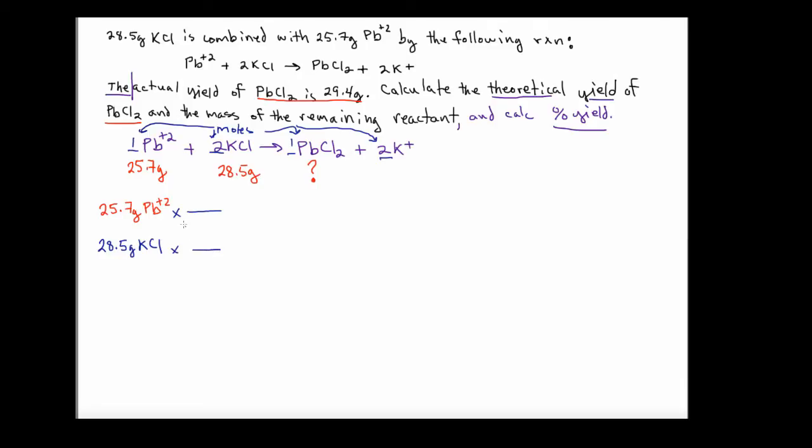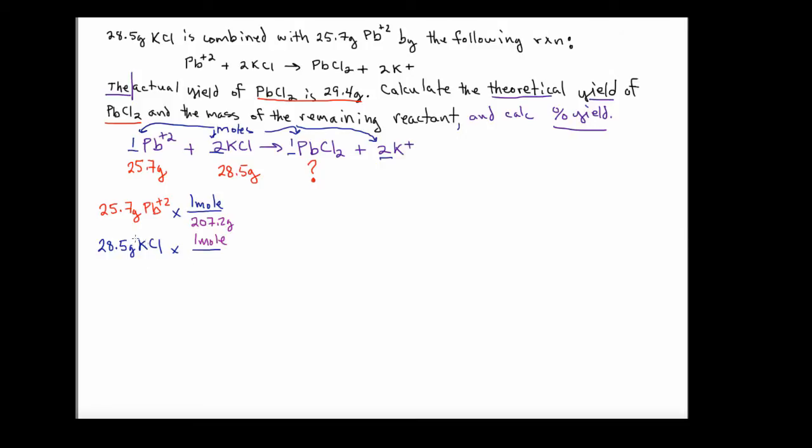Now, when you look up on the periodic table, you'll see that the molar mass of the lead, I'm going to change colors here, is 207.2 grams. I'll go ahead and put that in here. If you need to pause the video to grab yourself a periodic table, go ahead and do that, so that you can keep up with the basic calculations I'm doing.